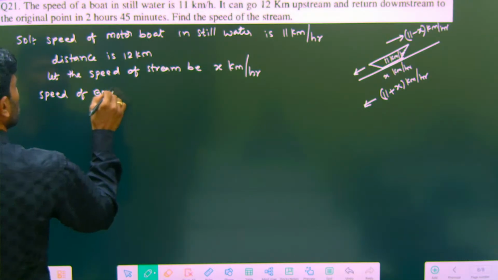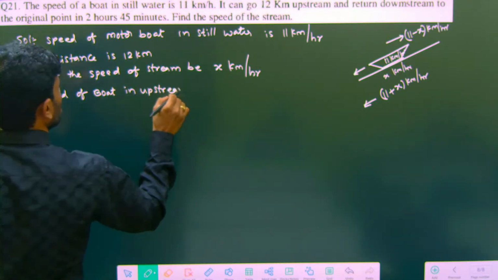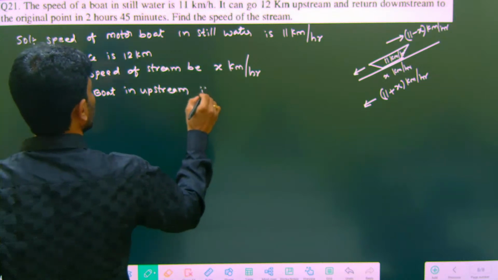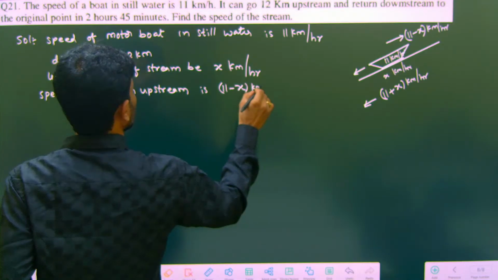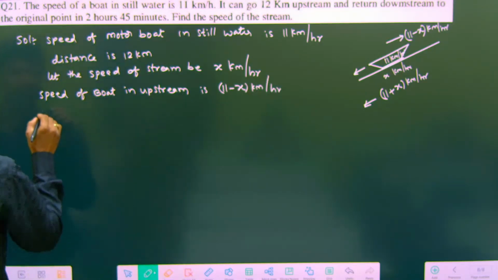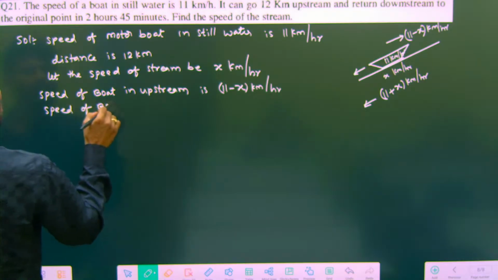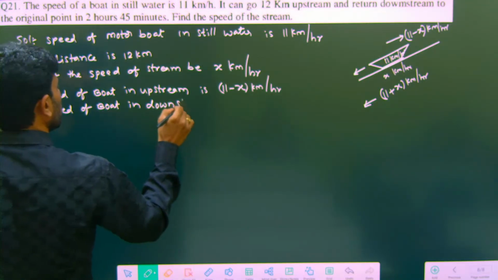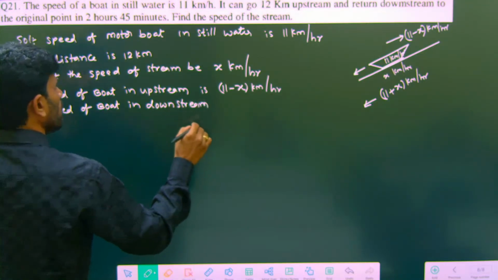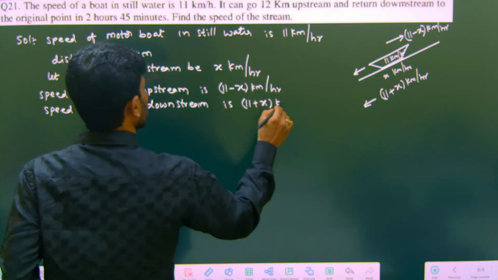Speed of boat in upstream is 11 minus x kilometers per hour. Speed of the boat in downstream is 11 plus x kilometers per hour.